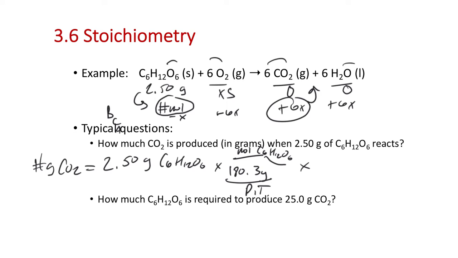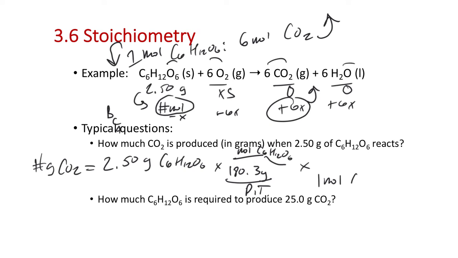So we're just converting to moles of CO2, and then for every 1 mole of glucose that reacts, we're producing 6 moles of CO2. The only moderate thing that's worth thinking is that you're losing this and then you're gaining this in terms of the way the reaction's going. So we're losing the glucose, producing the product. So for every 1 mole of C6H12O6 that reacts, we produce 6 moles of CO2.